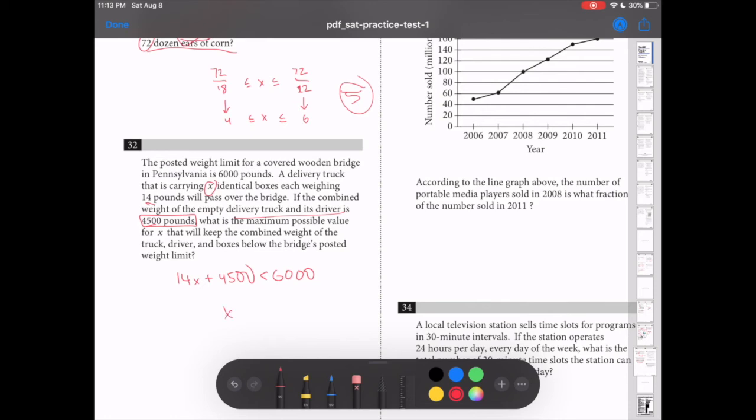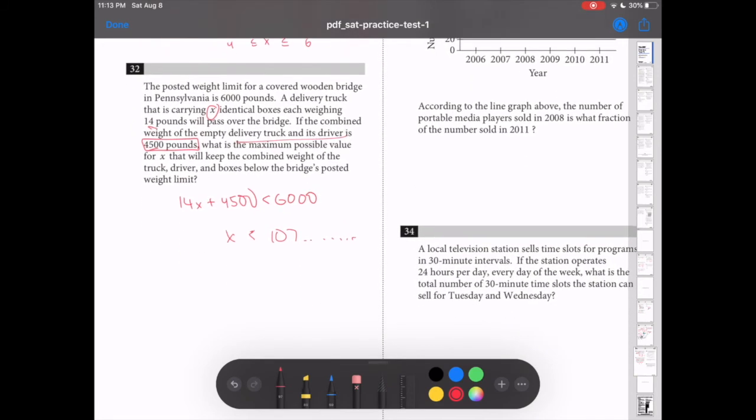If you divide by 14, you get x less than 107 point something. And this is asking for the maximum possible value for x. It has to be a whole number, of course, because it's hard to have a fraction of a box here, and it has to be below the bridge's posted weight limit of 6,000. That makes 107 good here.